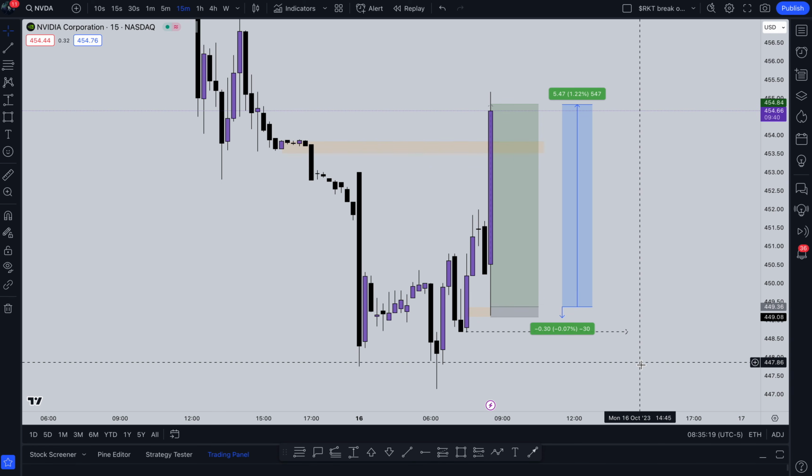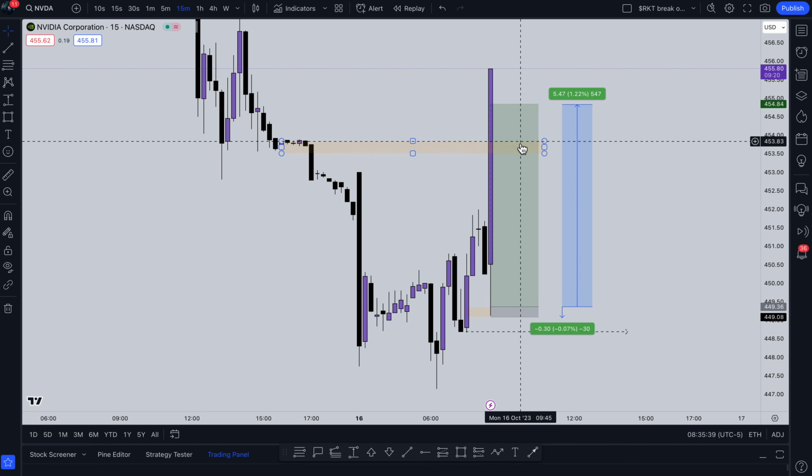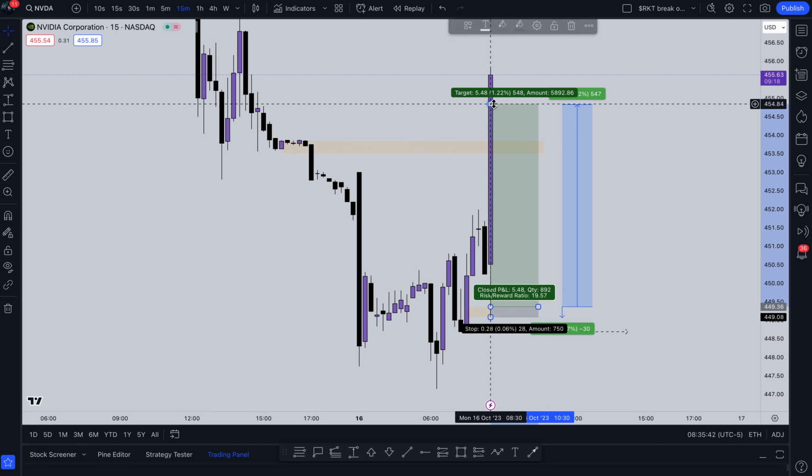All right, so closing this trade now. All right, just closed the trade. So I made a little over $2,000, 43% on this trade here. And that was all within the span of 5 minutes.